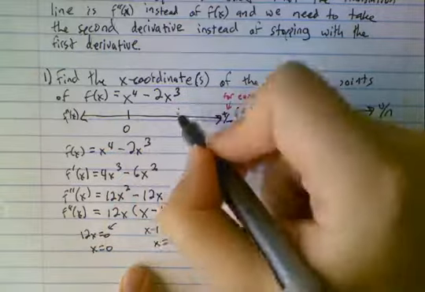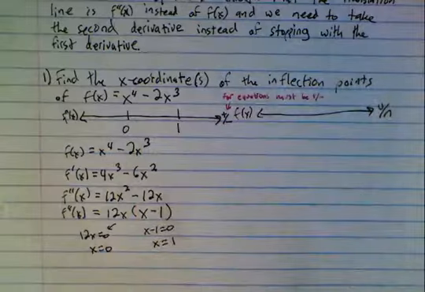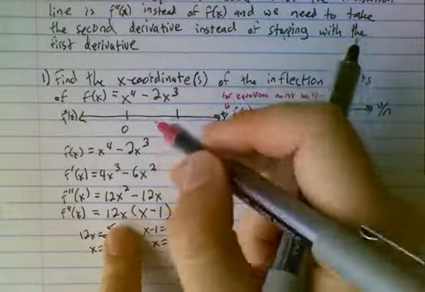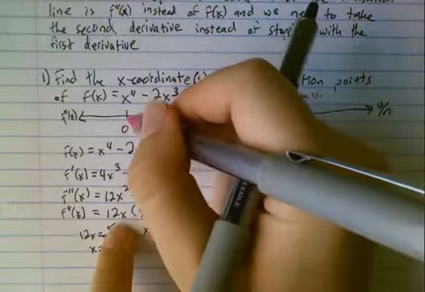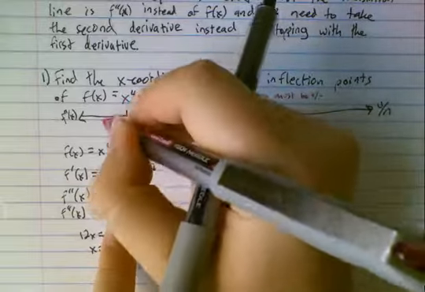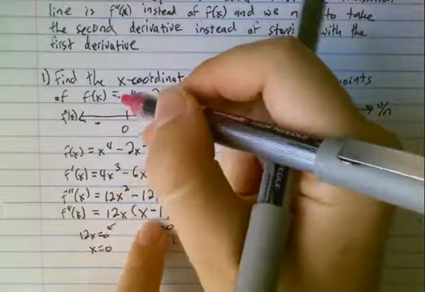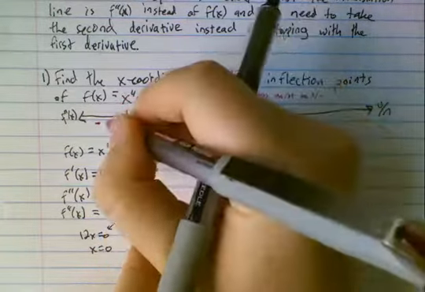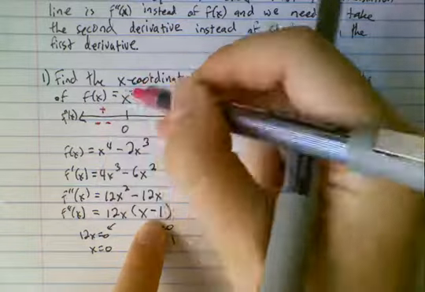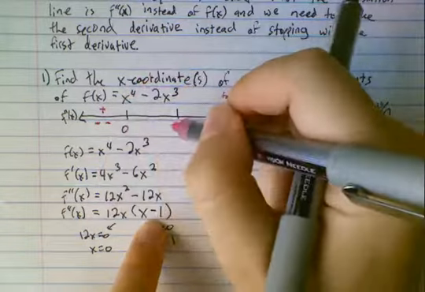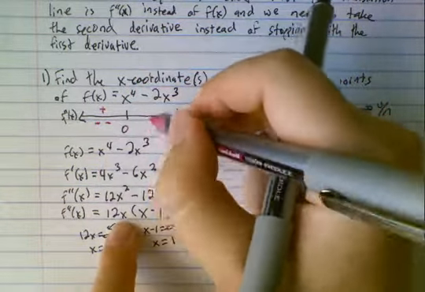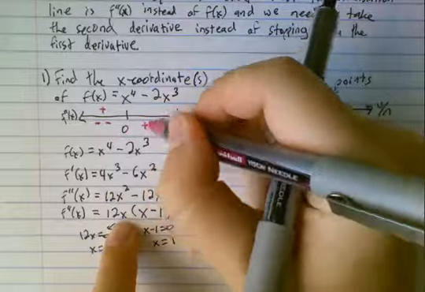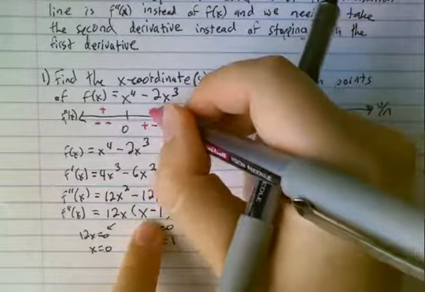Okay, so we've got 0, we've got 1 up here. For a number less than 0, so negative 1, 12x is going to be negative. Negative 1 minus 1 is also going to be negative, so overall it's positive. For a number between 0 and 1, like 0.5, 12 times 0.5 is positive, 0.5 minus 1 is negative, so overall negative.